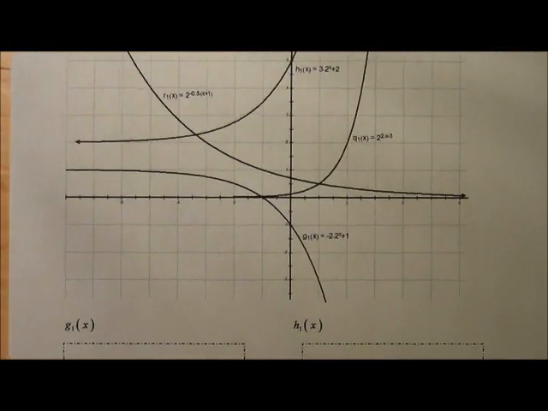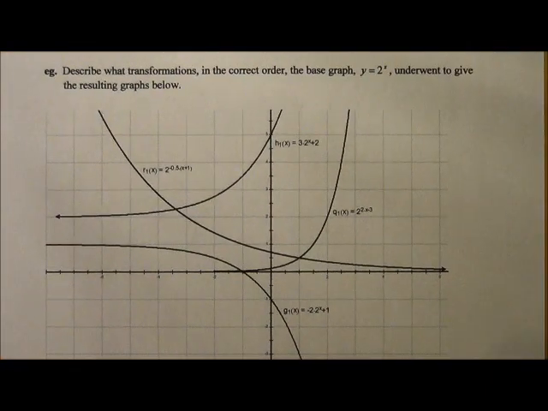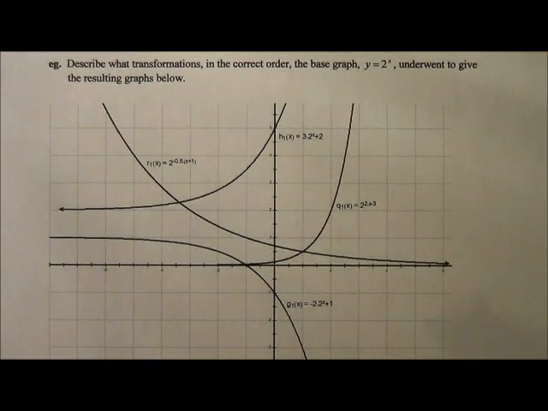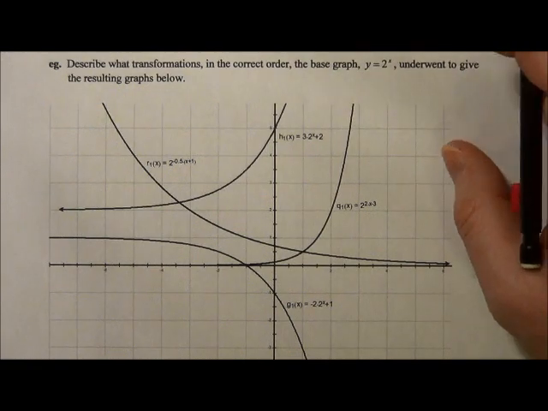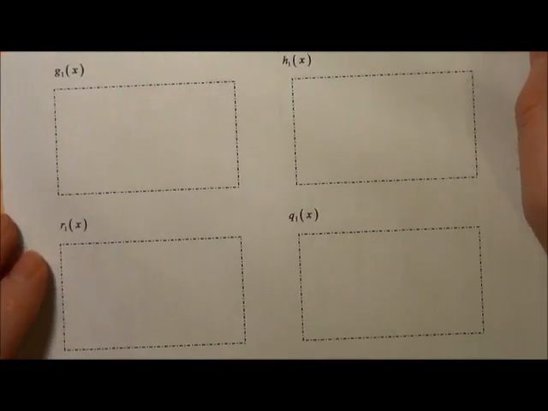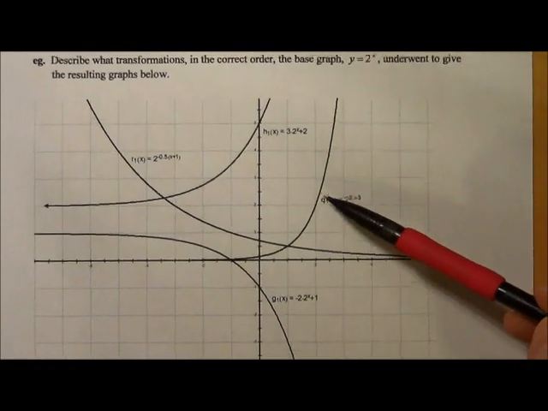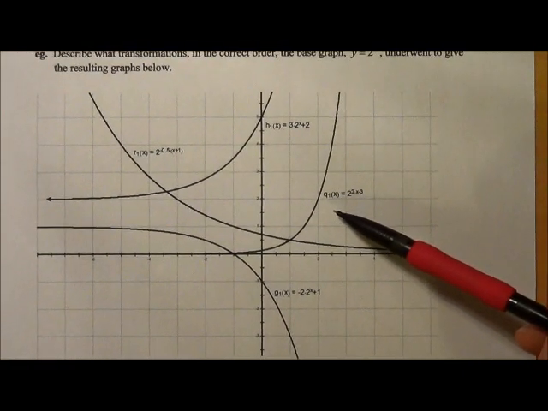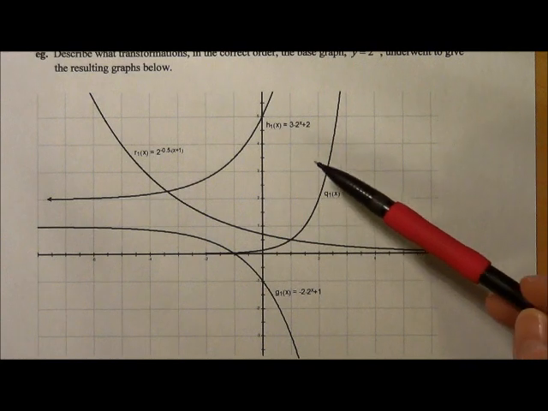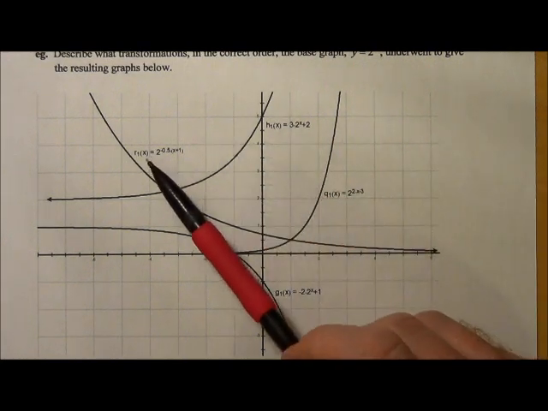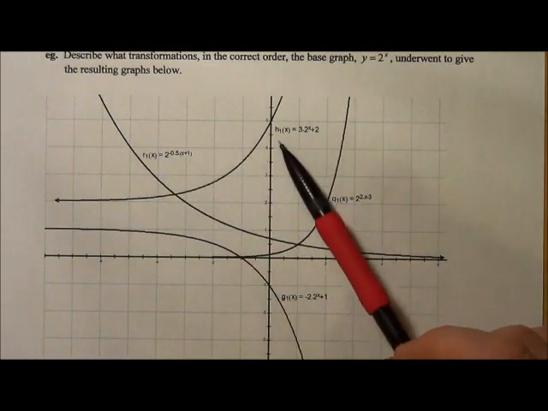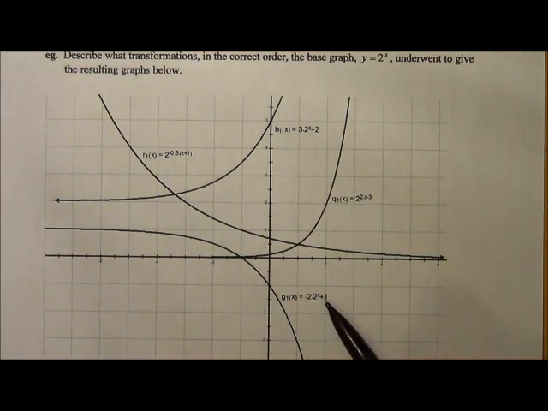What I would like you to do now is fill out the little transformation boxes that are down below the diagram here, right there. Can you please go through all the transformations? The graphs and the equations are given here, so that would make things a little bit easier for you, hopefully. So go through all the transformations from left to right through each of these equations.